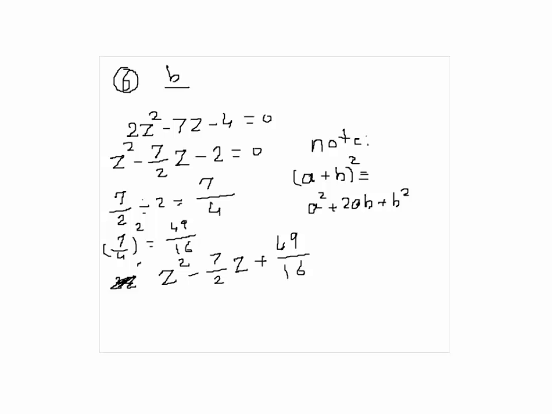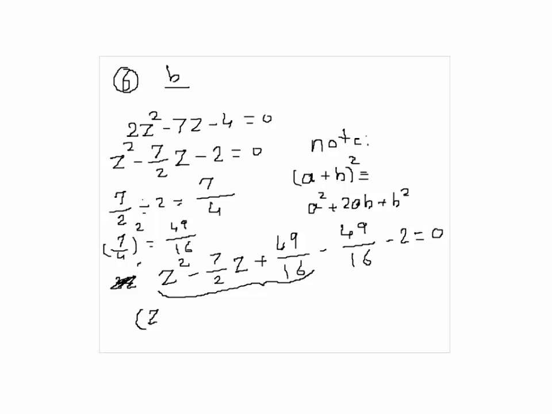If you don't want to change the original equation, any number that you add, you have to subtract as well. And I also have negative 2 as part of the original equation. These three terms are similar to the formula: a squared corresponds to z squared, 2ab corresponds to 7 over 2 z, and b squared is 49 over 16.